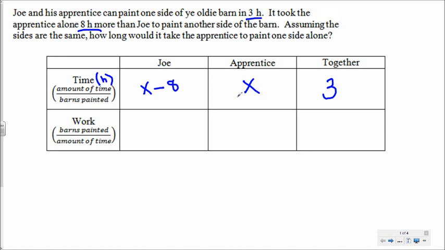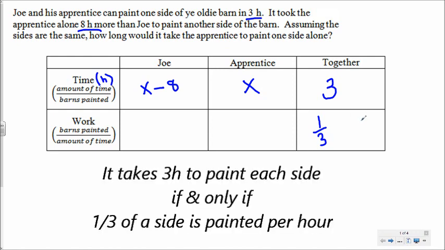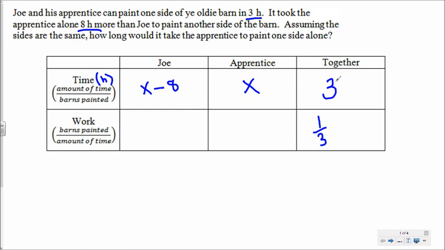If together it takes them 3 hours to paint one side of the barn, then as an amount of work, they're painting 1/3 of the barn per hour. Because if it takes 3 hours to paint one whole side, they're finishing 1/3 of that side per hour. So just like the units led me to believe, there is a reciprocal relationship between the time and the amount of work that they get done in a given amount of time.